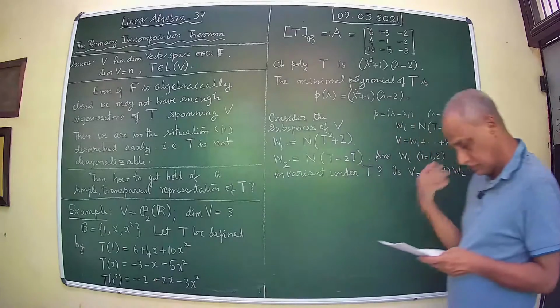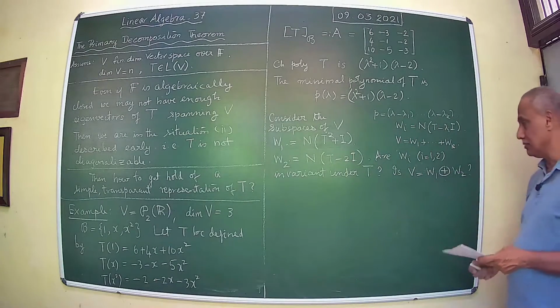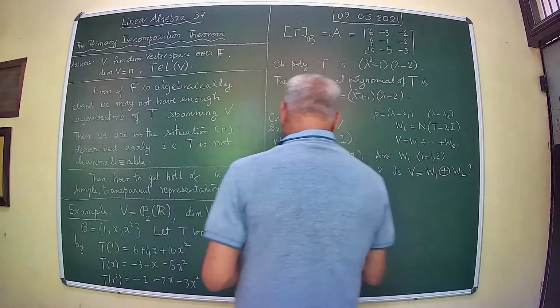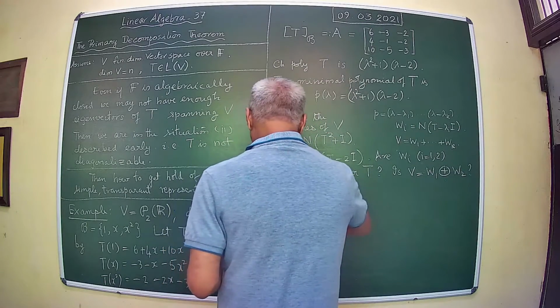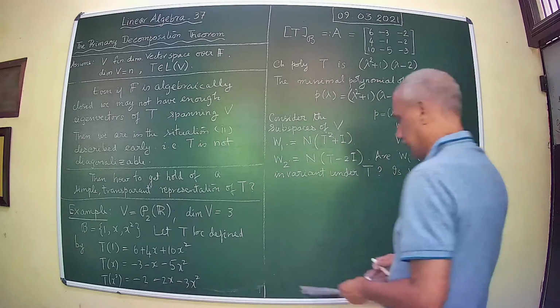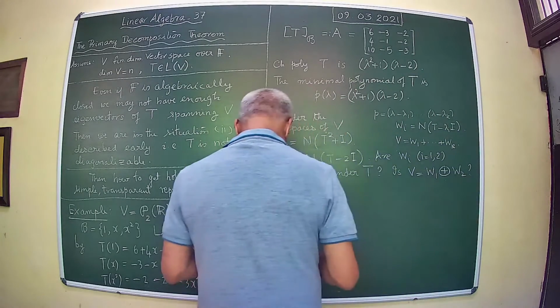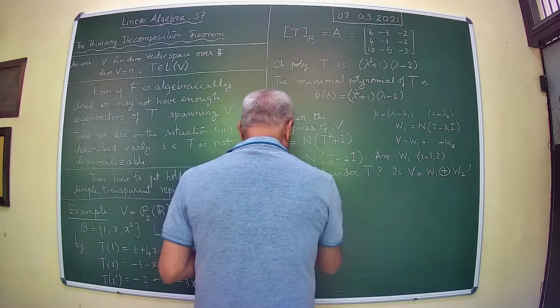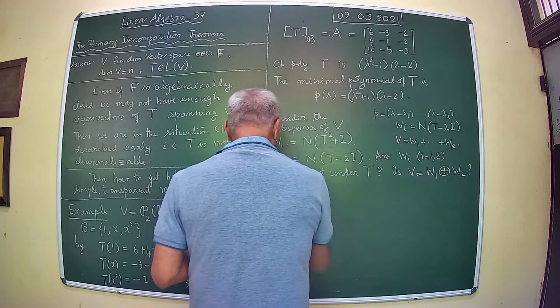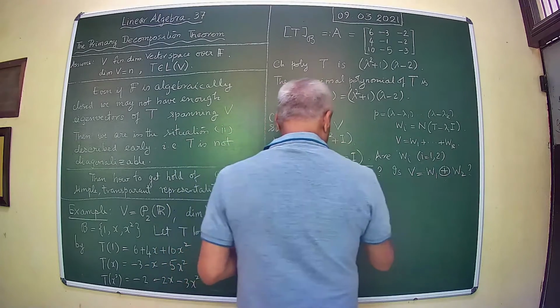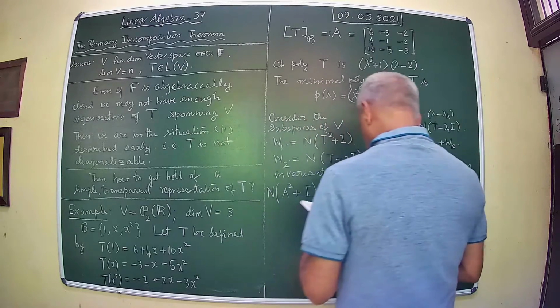Let us feel it, experience it, and then use it. Now you see that instead of working on t square plus I on the polynomial space, we can work with A, from which you can easily go back to null space of, what is the matrix?